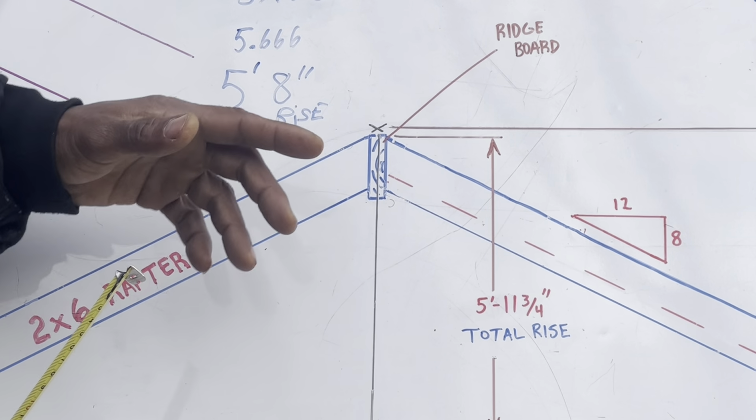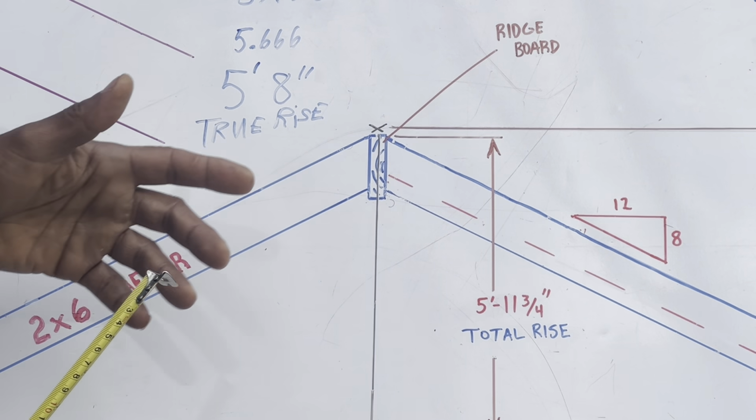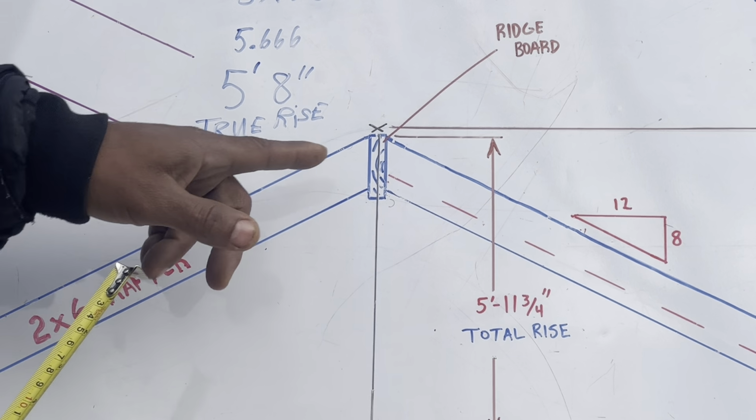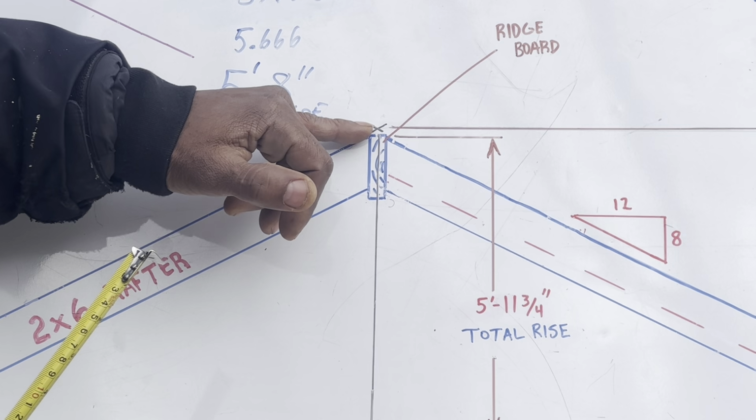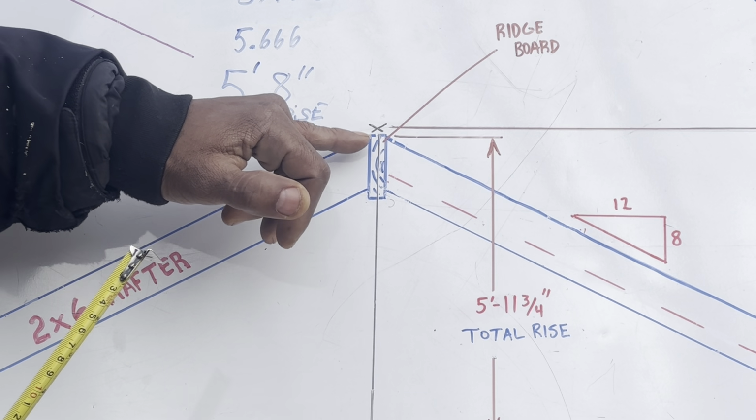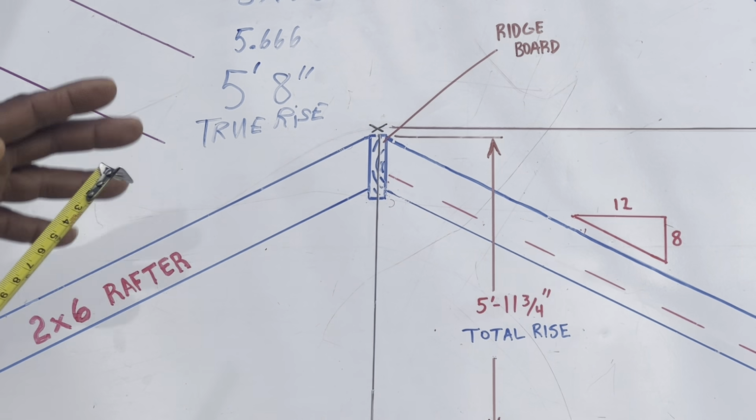And you gotta think ahead. If I was to lay my roof decking, my ridge board would be sticking above my rafters, and you don't want that. So you gotta drop your ridge, and normally it's a 1/2 inch.